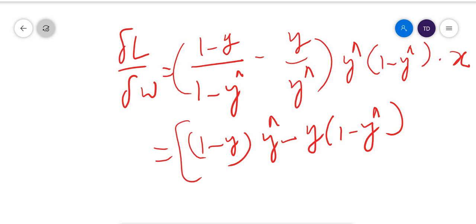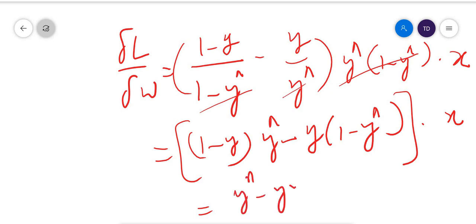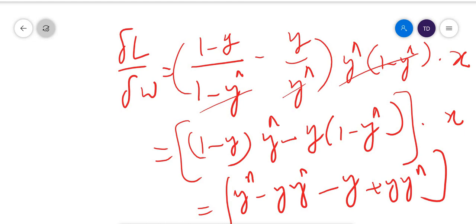I am putting it in a bracket. But this LCM and this will cancel. That's gone. Into x is remaining. Again, I am expanding inside. So y cap minus y into y cap minus y plus y into y cap into x.